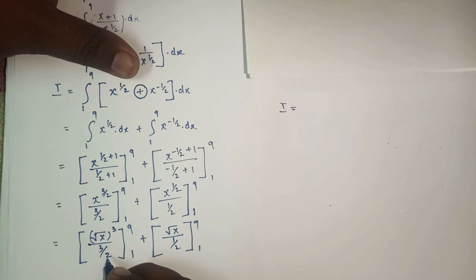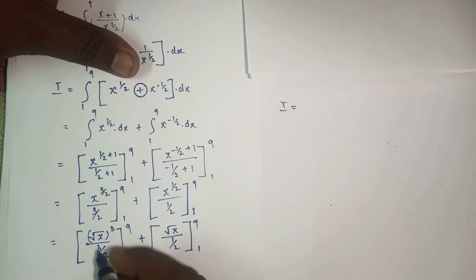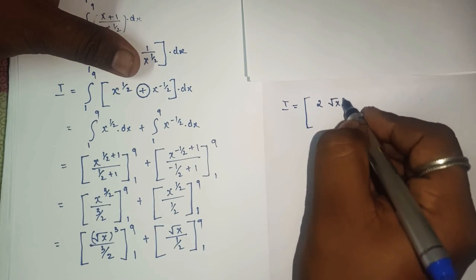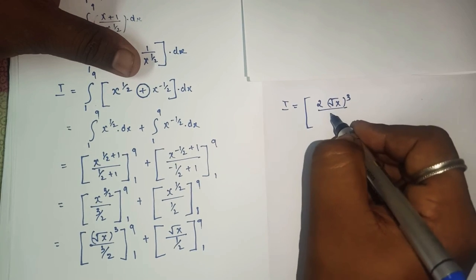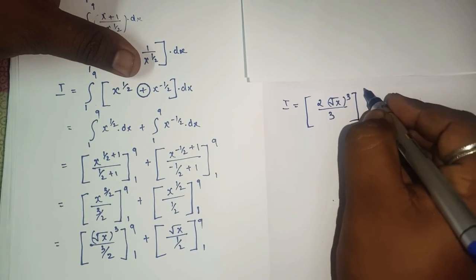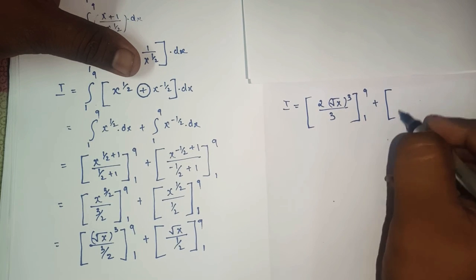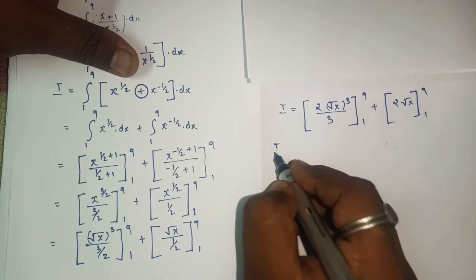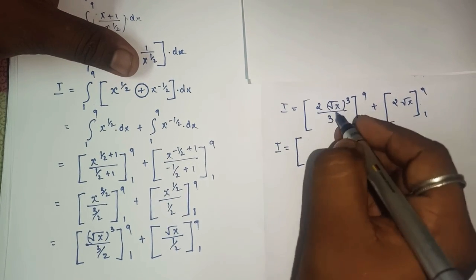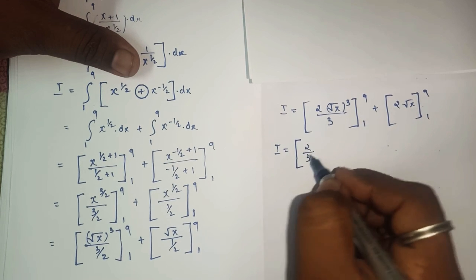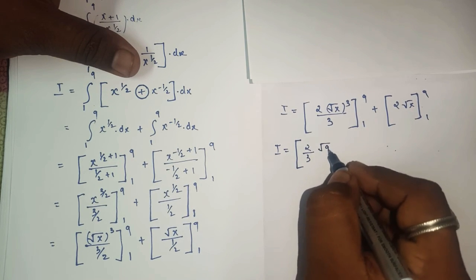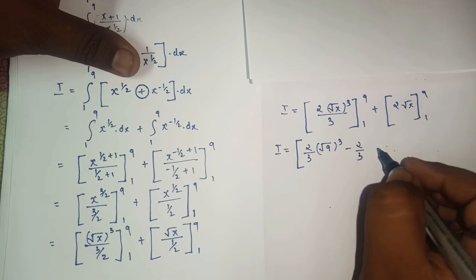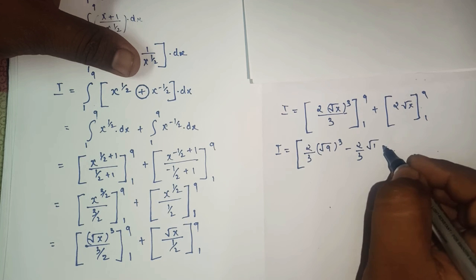First we'll bring this 2 up, so this will be 2 root x the whole cube upon 3 plus 2 root x, with limits 9 and 1, yes or no. So first you will replace the value of x by 9, yes or no, then minus x by 1.